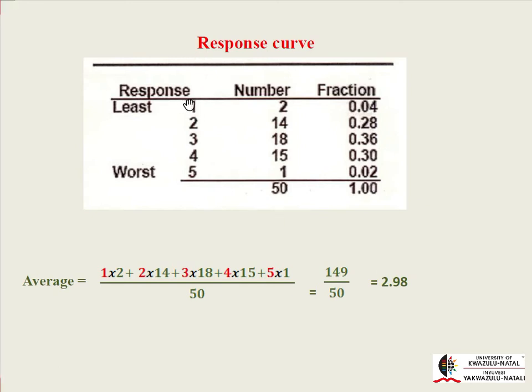Based on that, we can plot a response curve and establish an average response. Looking at your types of responses from 1 to 5, that's the best case scenario to the worst case scenario. So let's say for this particular arbitrary chemical, this is what was achieved. This is a total population of 50, and we're looking at the fractions that had the following responses.